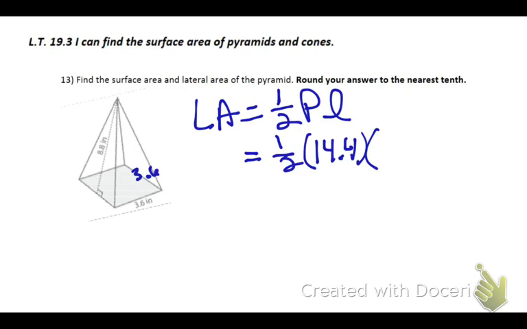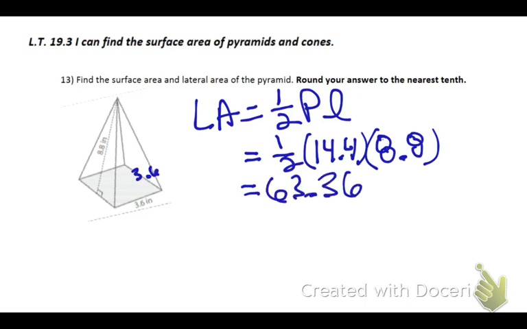It's right there. It's 8.8. Okay, so let's multiply those together. All right, so I got 14.4 times 8.8 times 0.5, which is the same as 1/2. So 63.36. That is square inches.